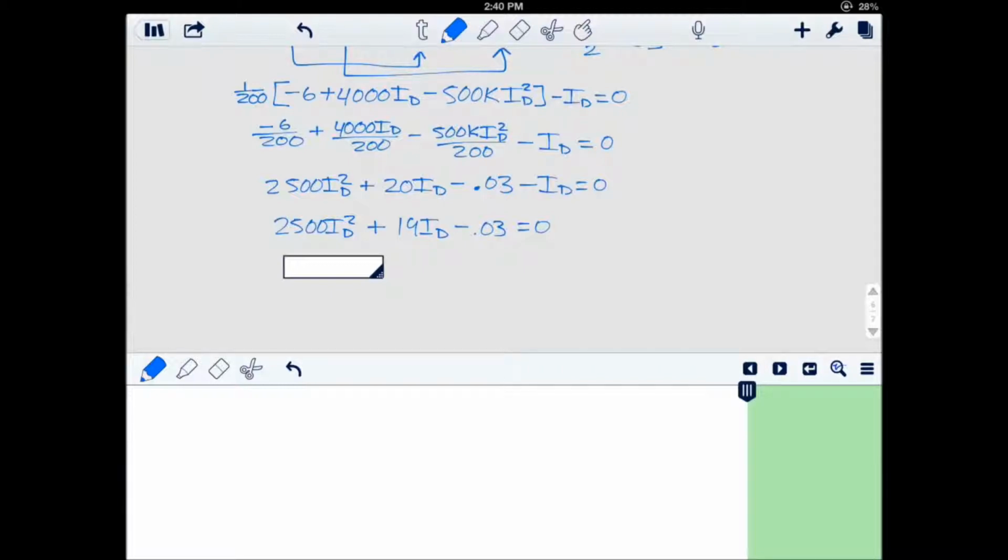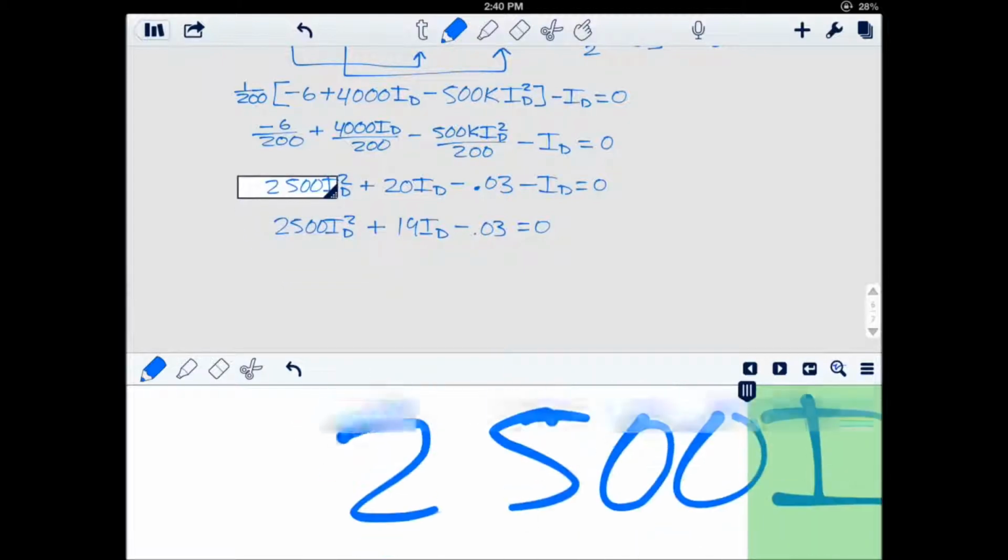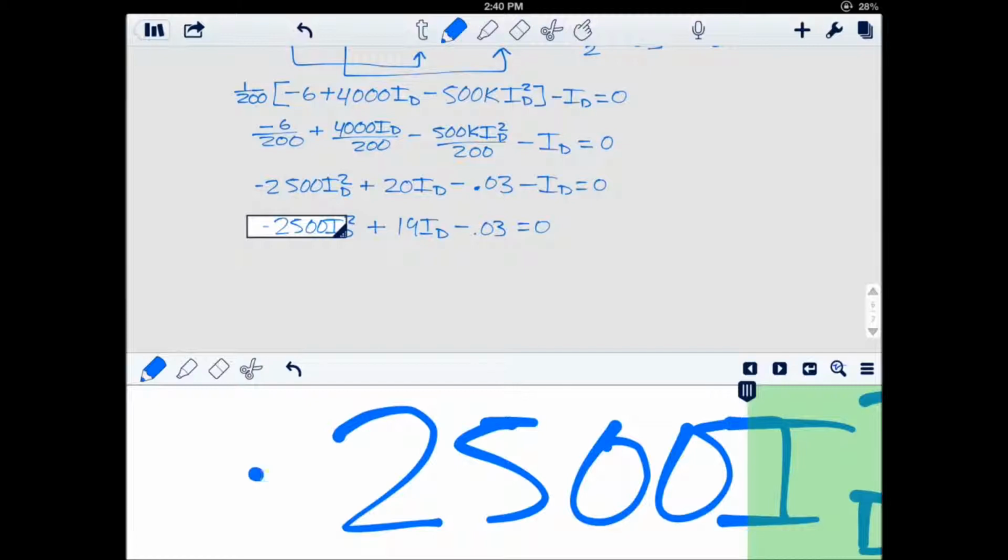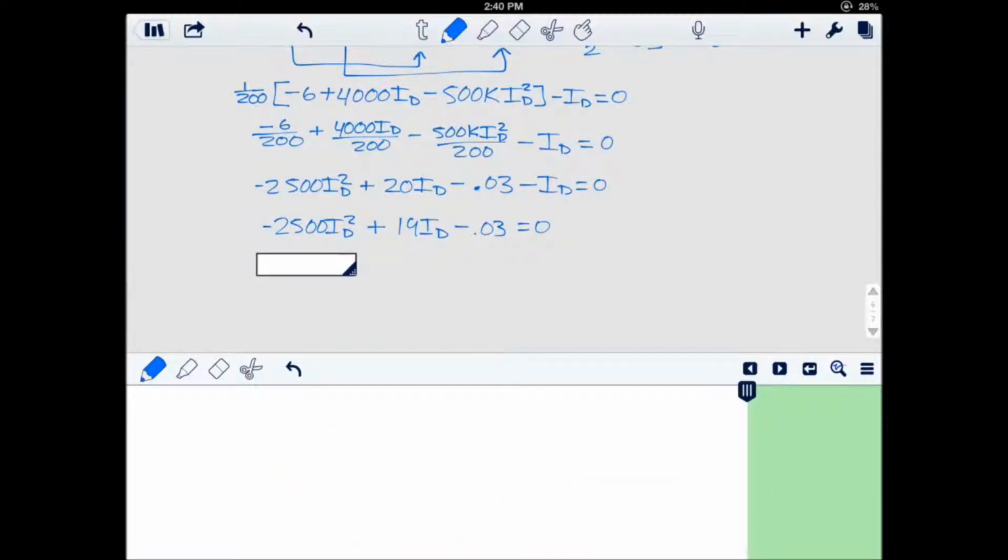Oh, sorry, this is negative. So we have this polynomial, and we know we're going to get two results.